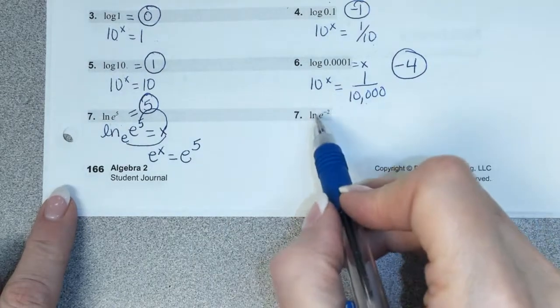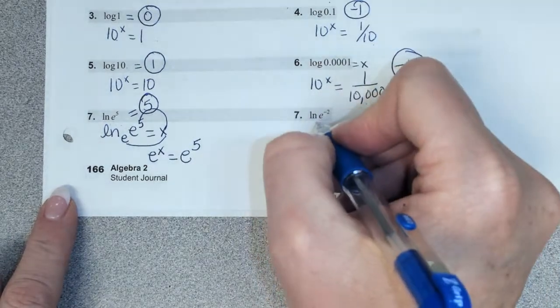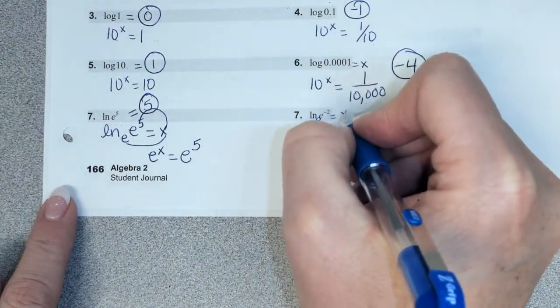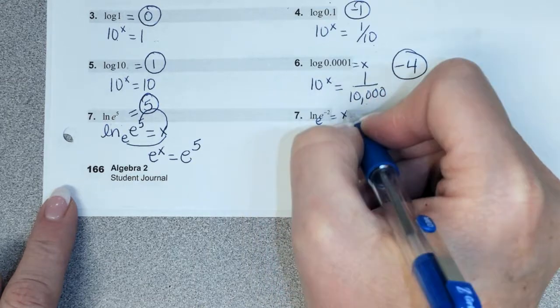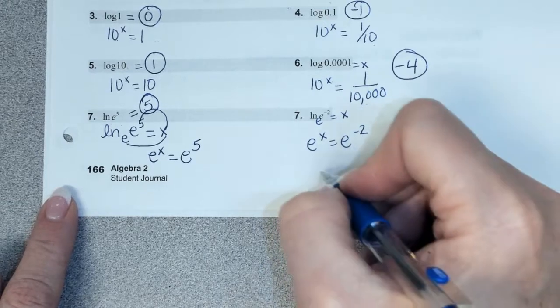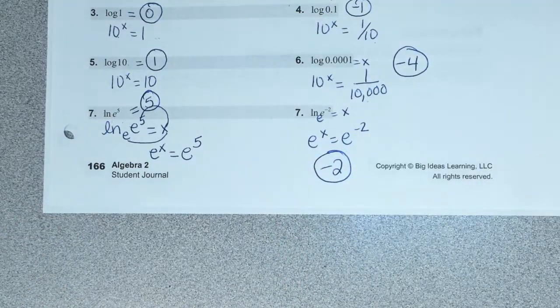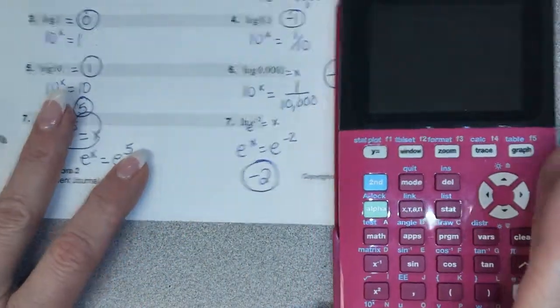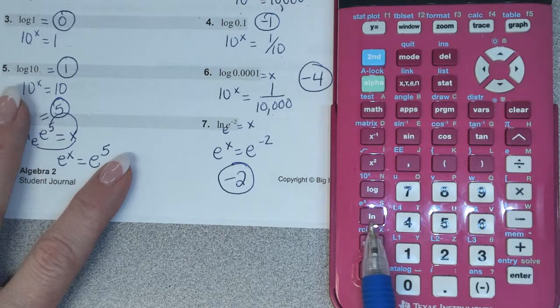What do you think this one's going to simplify down to? Negative 2. To show that, we find our base. We say equals x. So we find the base. We swirl it around. We come back to that middle spot. And so I can see then that the answer is going to have to be negative 2 when we simplify that. And let me show you how I could even do that on the calculator. If you look at the calculator, you have a natural log button right next to the number 4.